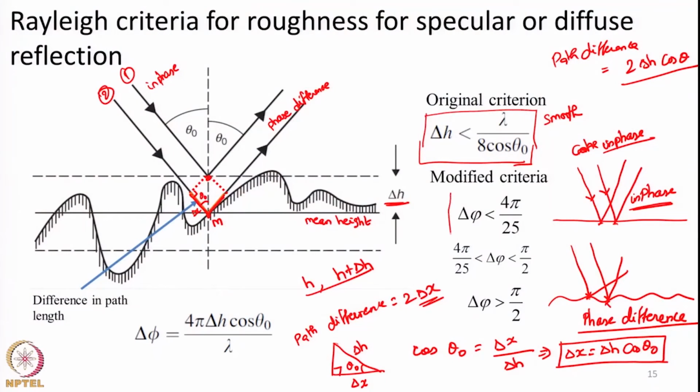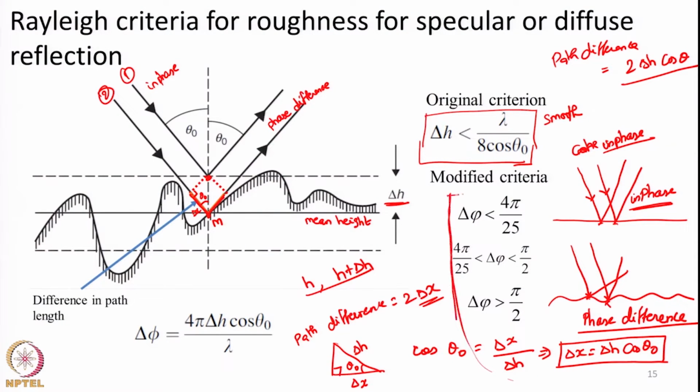But later on people decided a surface need not be only smooth or rough; there can be an in-between nature. So they modified the Rayleigh criterion based on smooth, intermediate and rough surfaces. Now there are three classes, and the conditions for these three surfaces are given here.